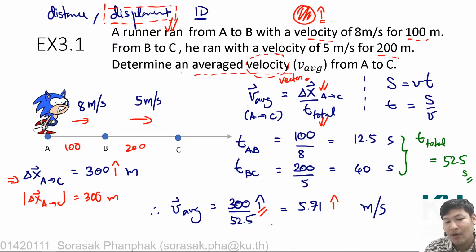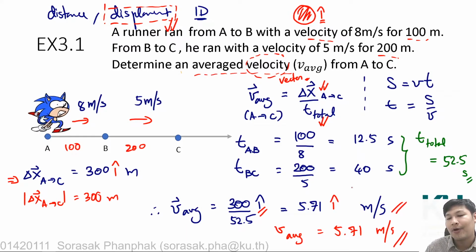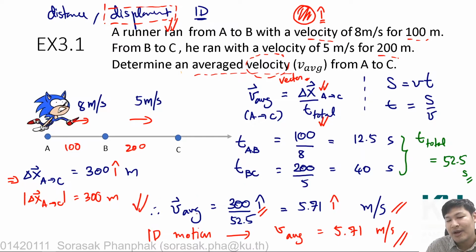If you would like to find only the magnitude, it is 5.71 meters per second. This is also correct for 1D motion. It's okay, but for completeness, you can write it in terms of a vector, because this velocity is a vector quantity, not a scalar quantity.